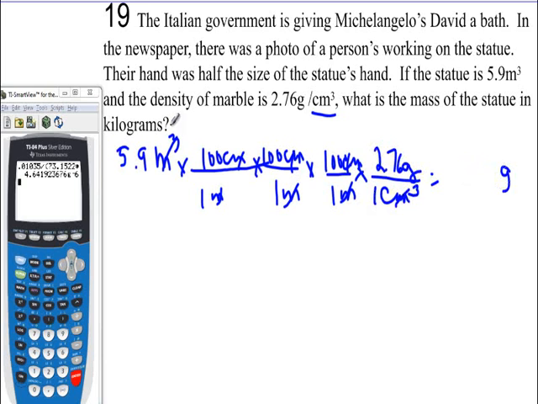Oh, and I want the answer in kilograms, so let's do one more step. What I know is 1,000 grams is 1 kilogram. Alright, so let's do this on the calculator.